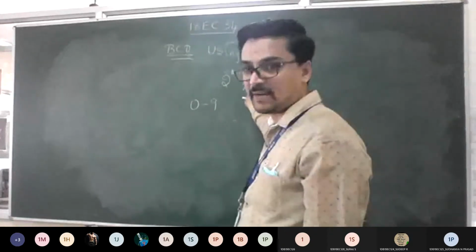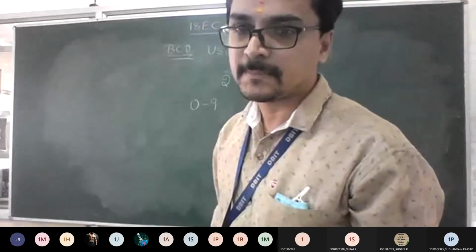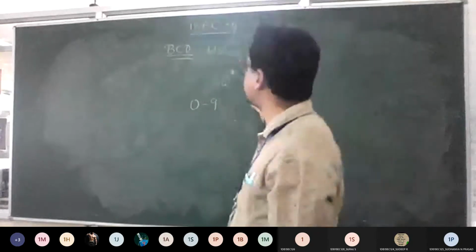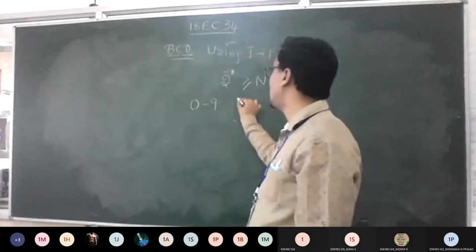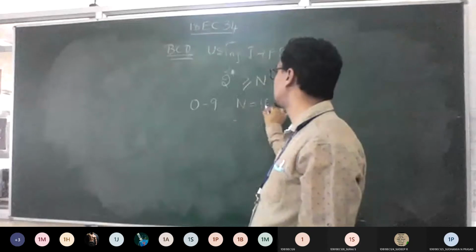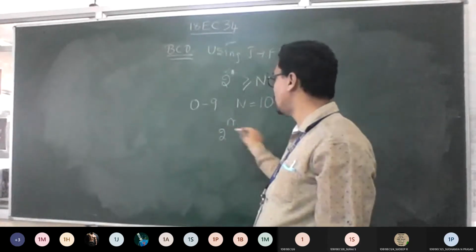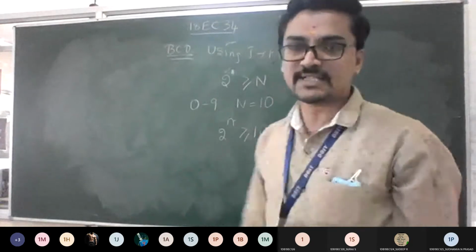What is capital N now? Is it 10? Yes, this represents the counter design they have asked in the question. Since it is BCD 10, I can claim capital N is equal to 10. So the logic is: what value of small n shall I put such that this condition is satisfied?